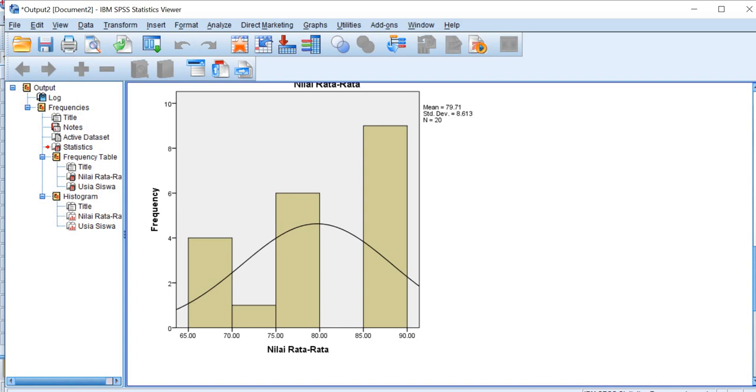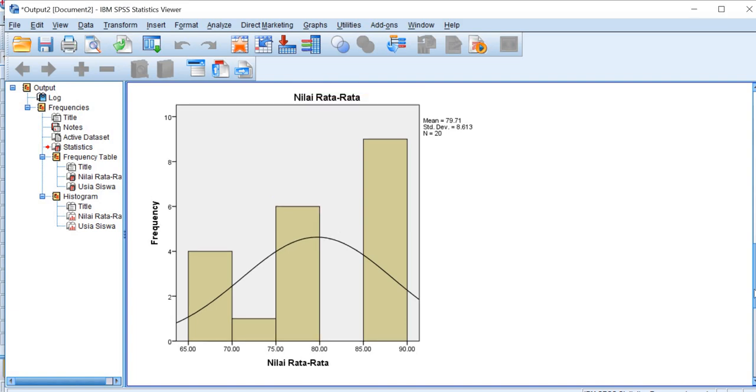This is the histogram. The histogram here describes the whole data in each variable, and we have 2 histograms. The first is for nilai rata-rata, and this is the normal curve.